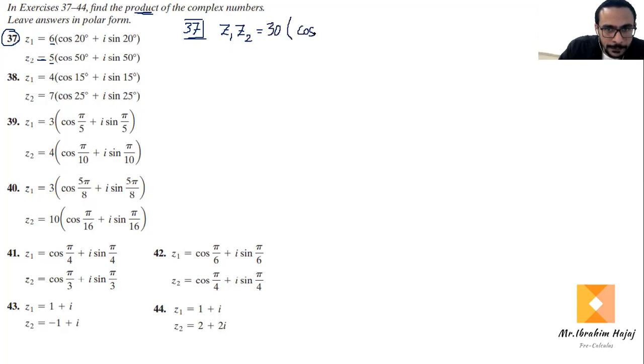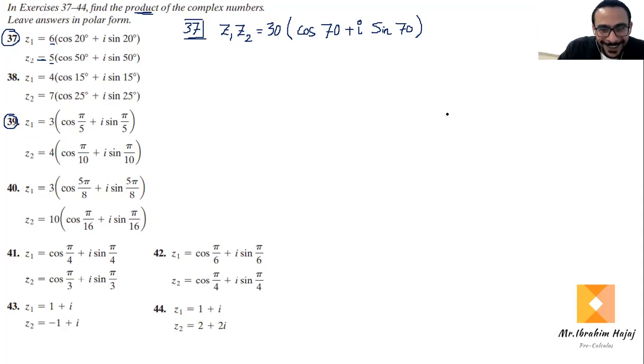Then cosine 50... 70, cosine 70 sorry, we add them together, plus I sine 70. Add also 70. Yes. Okay, that's it. Thank you.